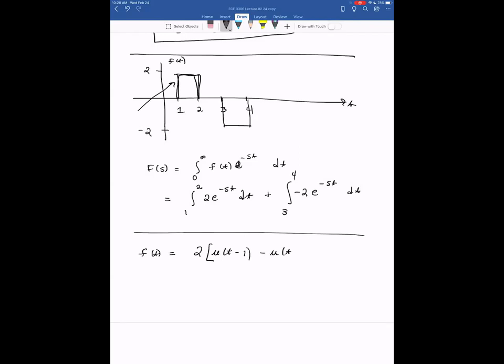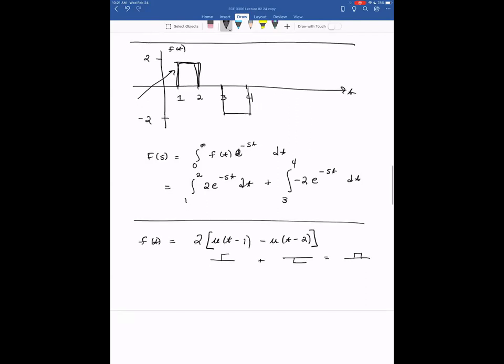So the way to accommodate that is to then come in and subtract a time shifted step function that occurs at 2. So this one turns it on, and this one brings in a negative, and the net sum of that is that. Okay.